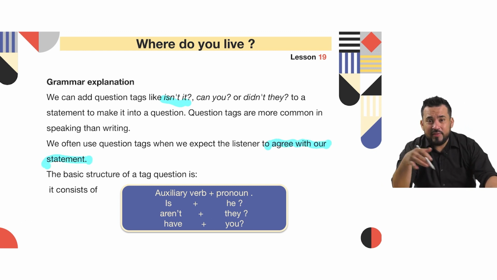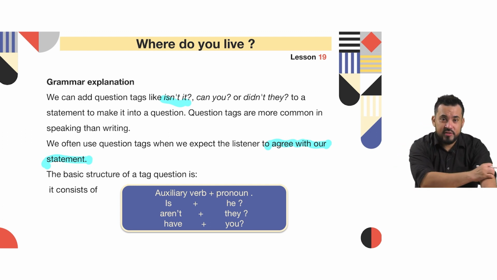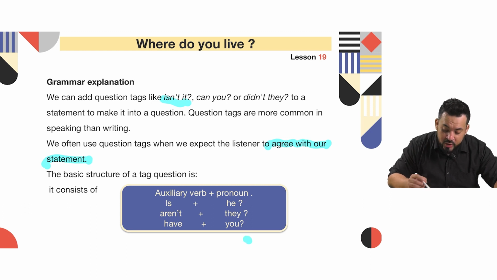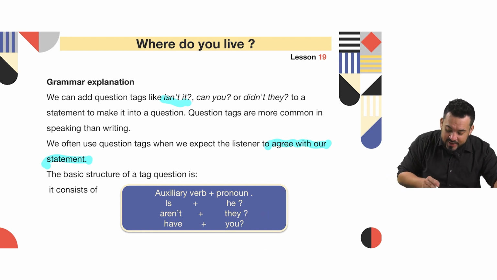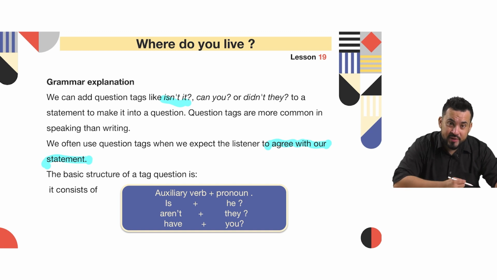So we think that the listener shares our opinion. We just needed confirmation. That's why we add this question tag. The basic structure of a question tag is auxiliary verb and pronoun: is he, aren't they, have you. But you have to pay attention that these question tags must agree with the auxiliary in the main sentence and the subject.